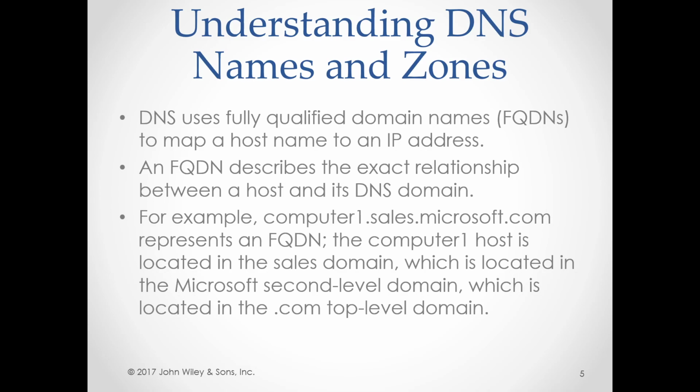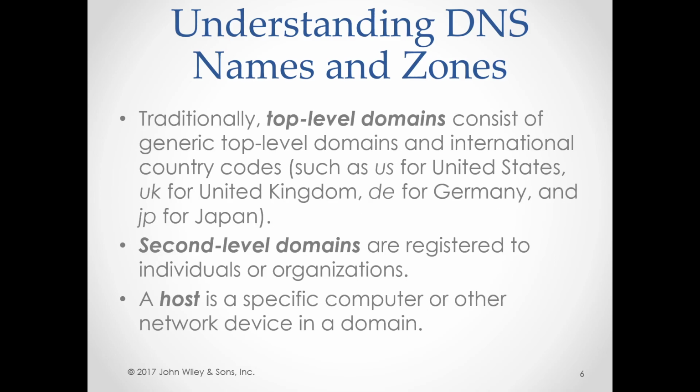Computer1 is the host name. It resides or is a member of the sales domain, which is located in the Microsoft second level domain, which is located in the .com domain. We're going to talk about these second level and top level domains here in just a moment. But put all together, it produces a fully qualified domain name.